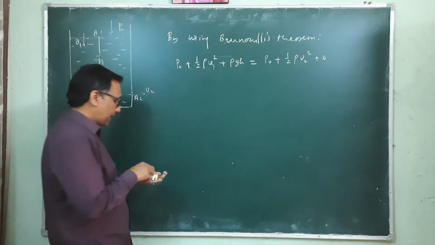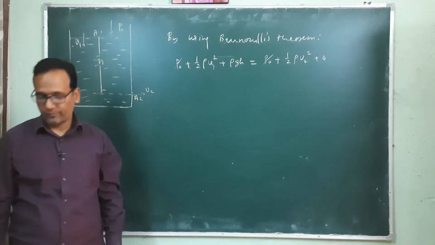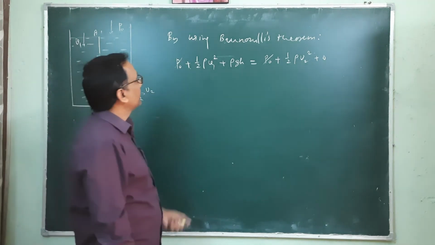Okay, so P naught can be cancelled on both sides, and we can calculate the value of V2.